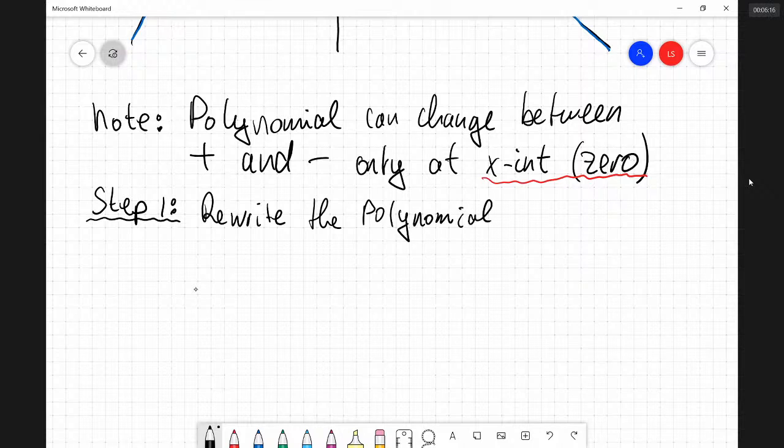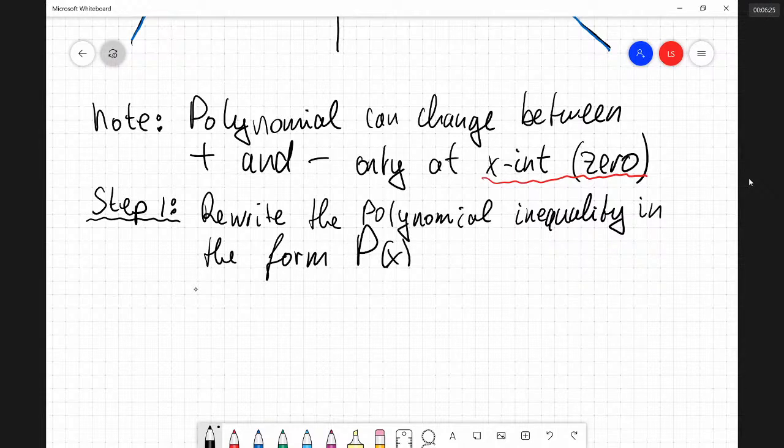inequality in the form P of X, and then whatever may be the symbol, I'll just use greater than, so I don't have to write all 4 of them, 0.